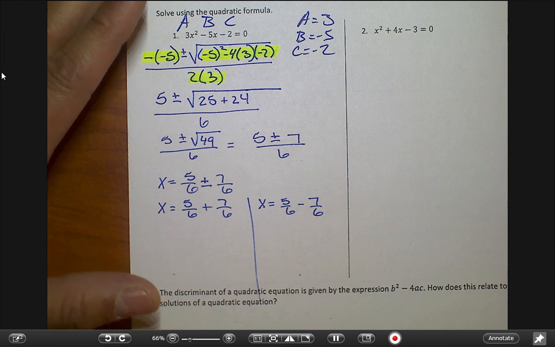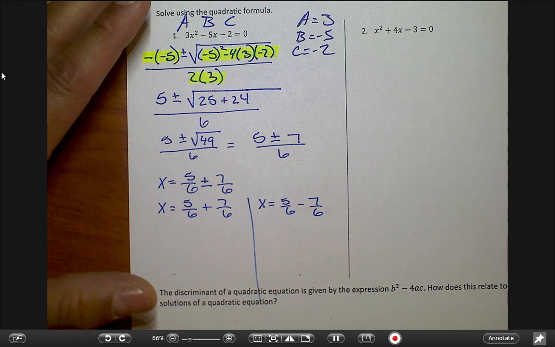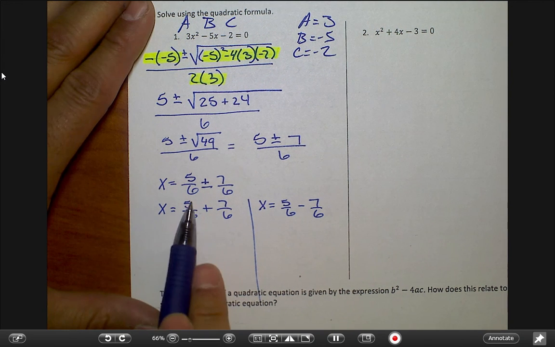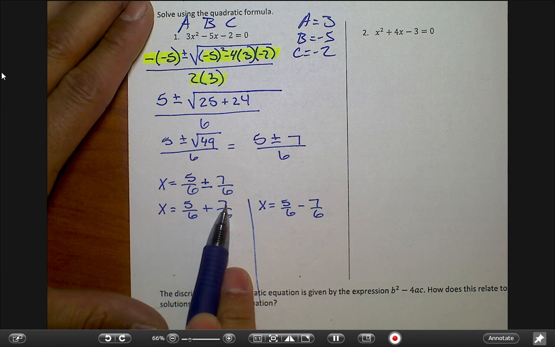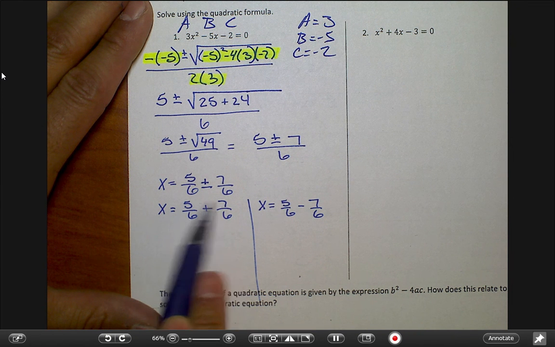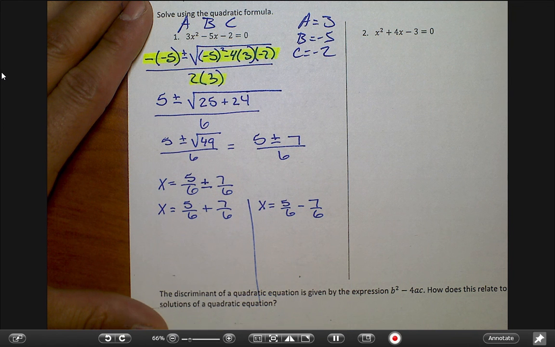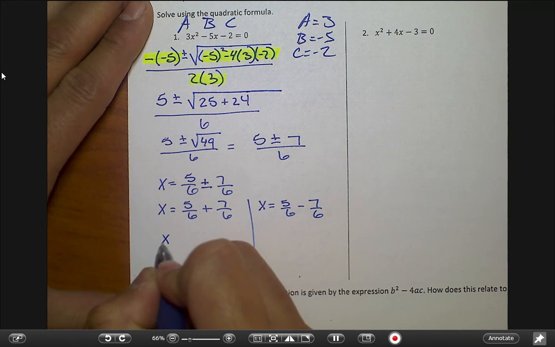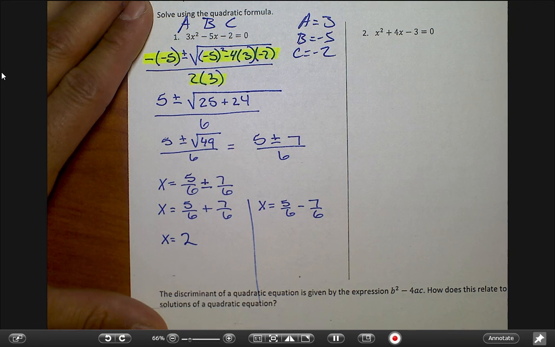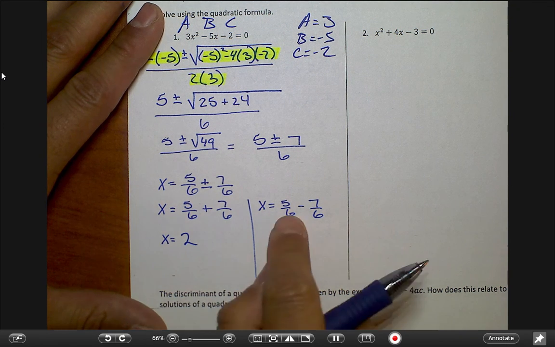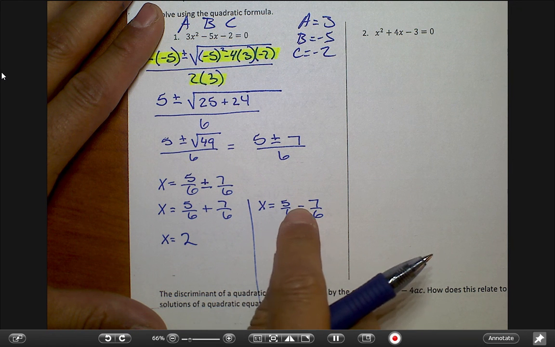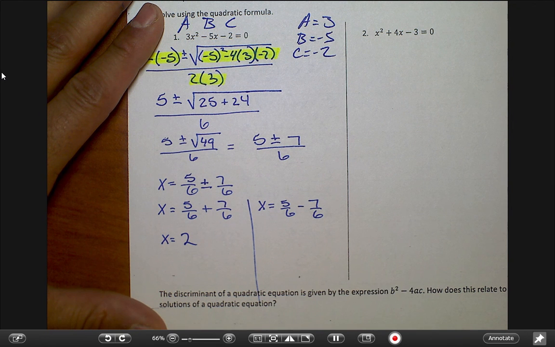These ones are already starting off with common denominators. So 5 plus 7 is 12, right? 5 plus 7 is 12. And 12 divided by 6 is 2. So here x is 2. Over here, 5 minus 7 is negative 2, right?